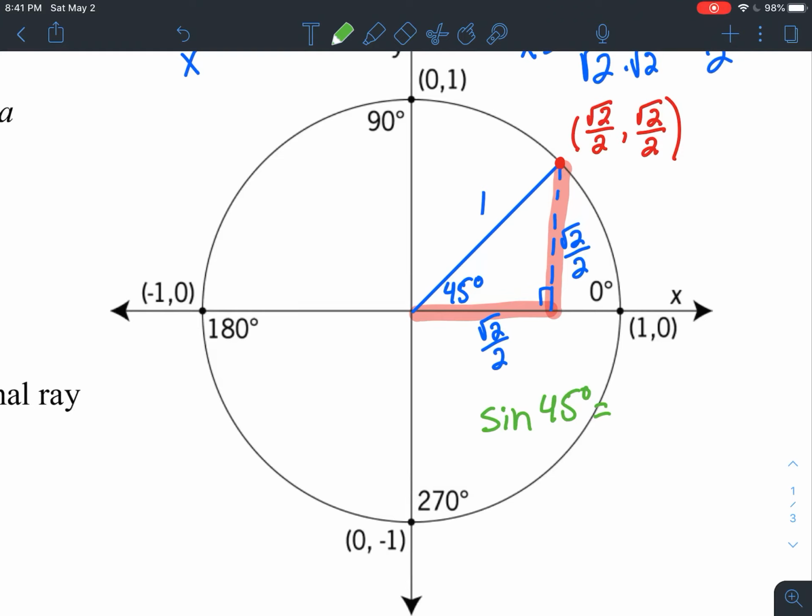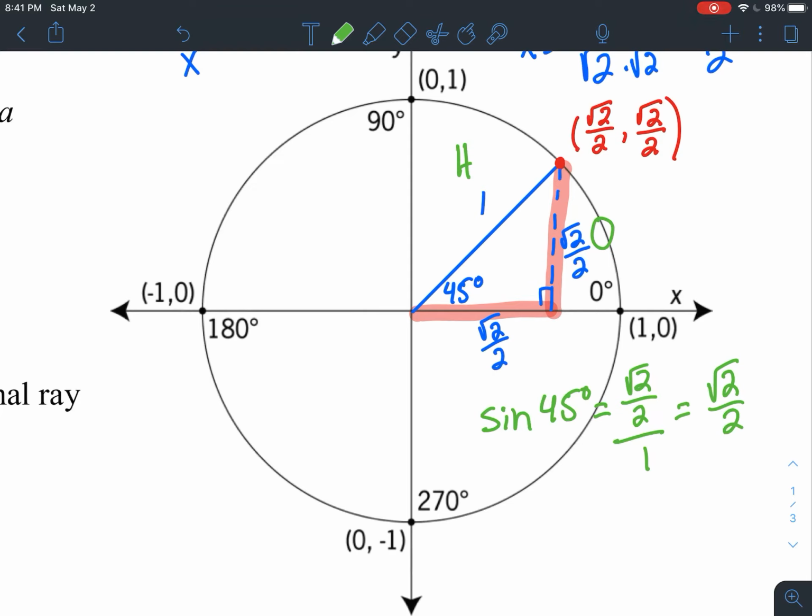With trig it all reduces. For this 45-degree angle, if I was going to find the sine of that angle, my opposite would be right here, my hypotenuse would be right there. Because sine, in SOHCAHTOA, is opposite, square root of 2 over 2, all over my hypotenuse, which is 1. So I end up with the square root of 2 over 2.